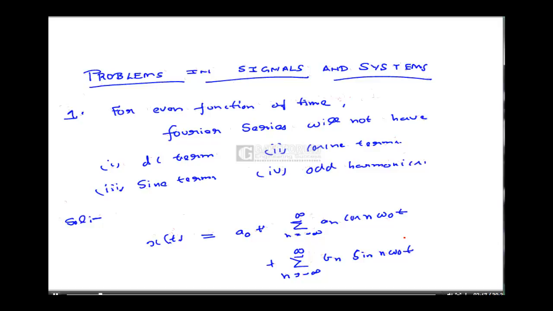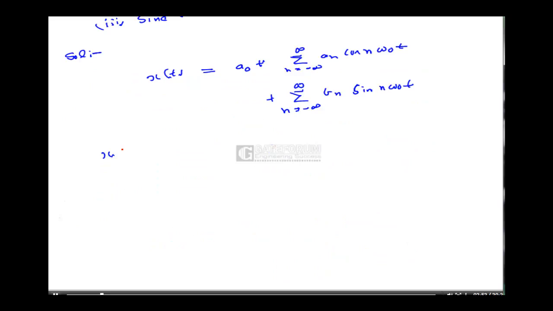So this is for any real signal. Now if the condition is given that signal xt is even, that means the only terms present on the right hand side are the even terms. That means sine term will not be there. If xt is given as odd, then both cos term and a naught will not be there.